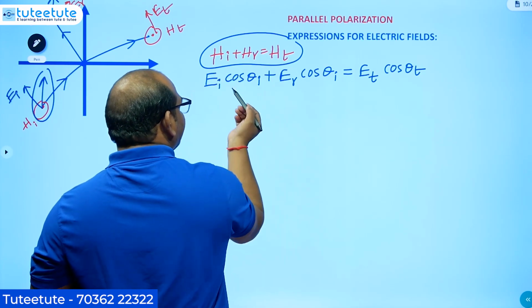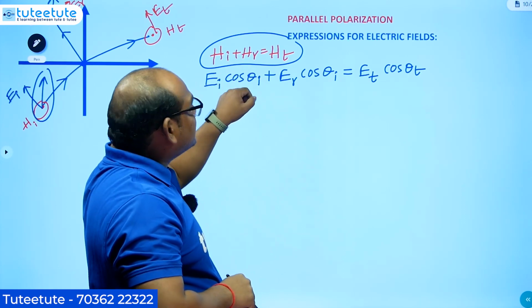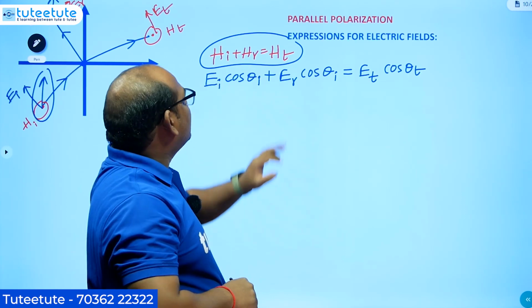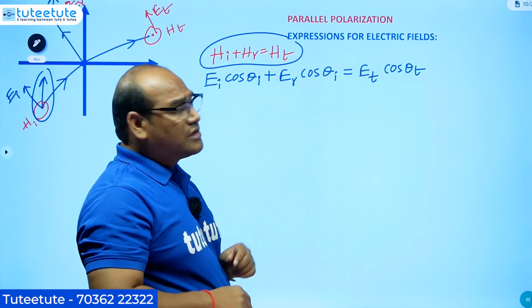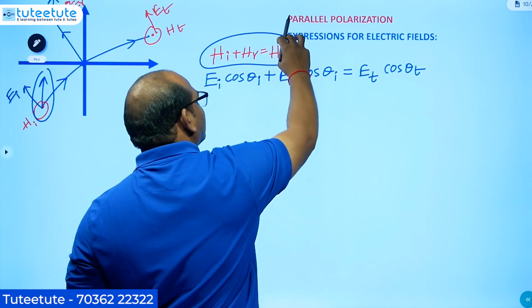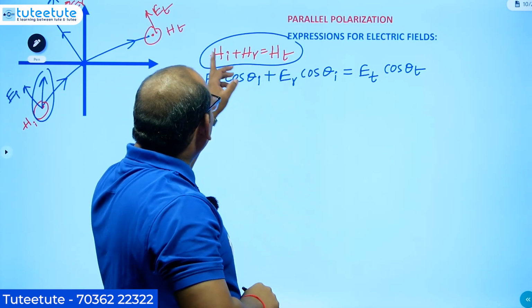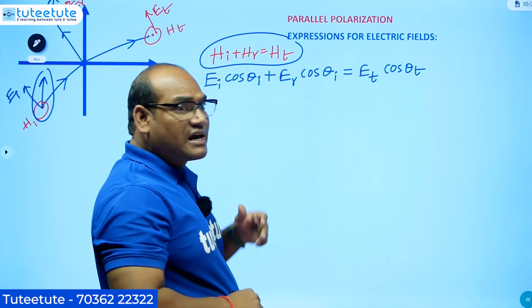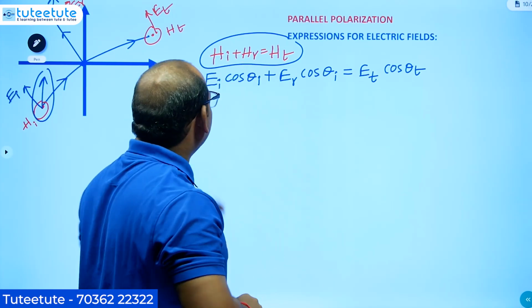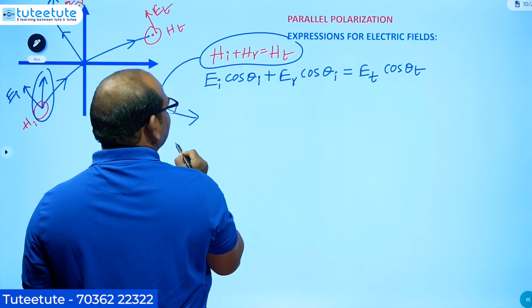HI-EI relation is given by eta 1, HR and ER relation is given by eta 1, HT and ET equation is also related by eta 2, because these two are available in the medium 2, so that we have to take eta 2. And incident wave and reflected wave are available in the medium 1, so those are given with respect to eta 1. So this particular expression can be changed like this now.